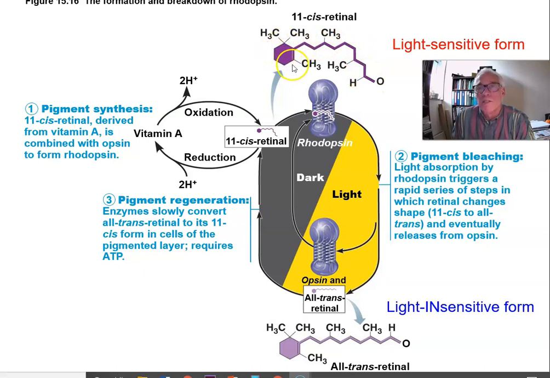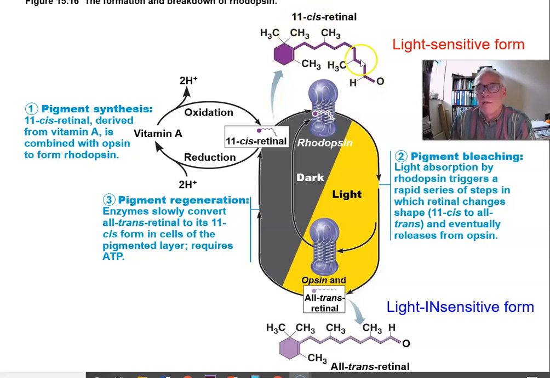There are 6 carbons in this little ring right here, and then 7, 8, 9, 10, 11. At that 11th carbon, the carbon-carbon bond is twisted 180 degrees from the other ones, and that produces a kink. When carbon-carbon bonds are in that position where there's a kink, right here, that's called the cis configuration. So we have 11 cis retinal.